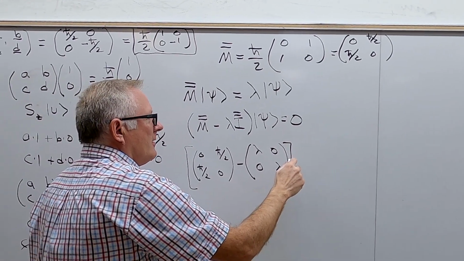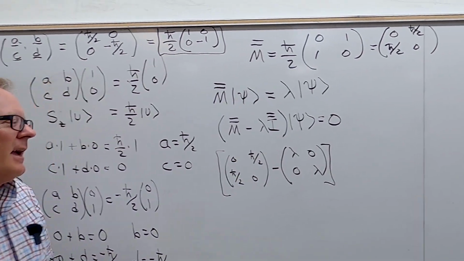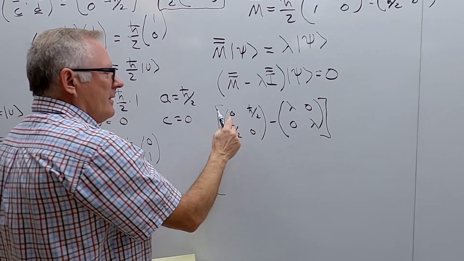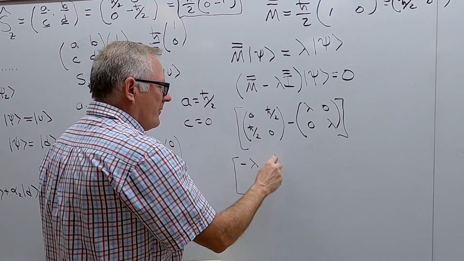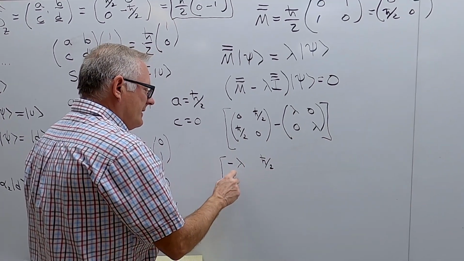That's just this part of it right here. Now let's combine them together. So we get 0 minus lambda, h bar over 2, h bar over 2 minus 0 is h bar over 2.